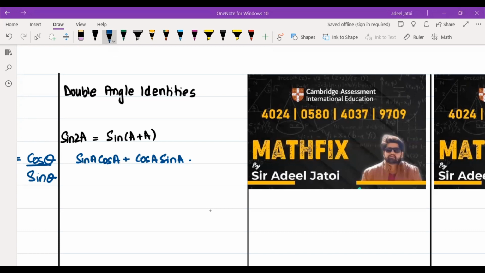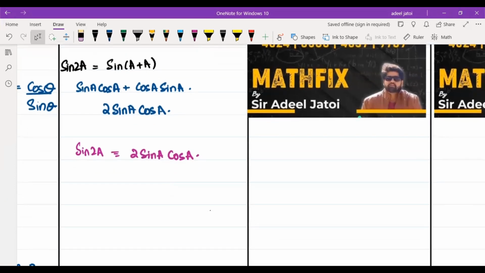So we can write this thing as 2 sine A cos A. So that means that your sine 2A can be written as 2 sine A cos A.